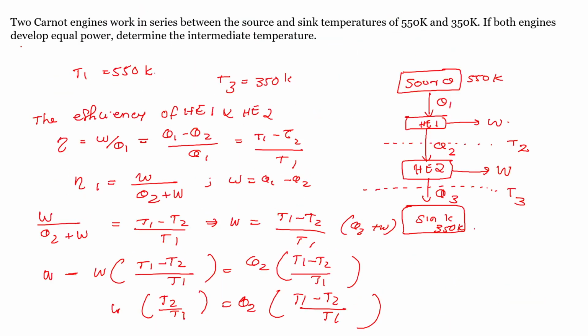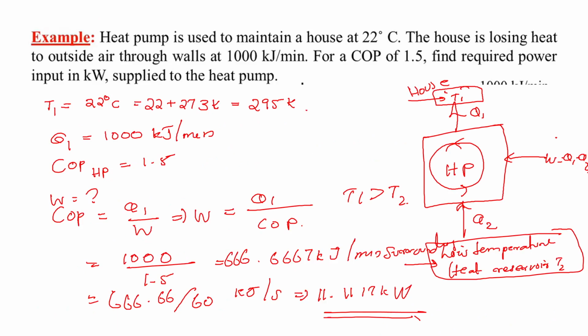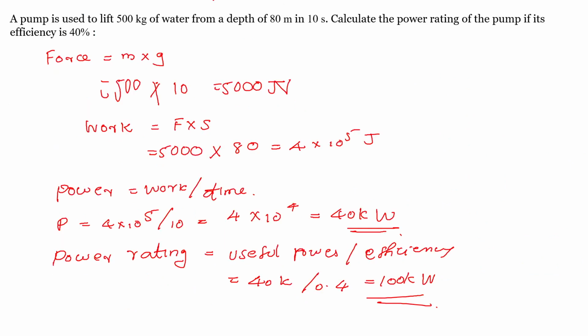So we solved different problems today. The first one was related to the refrigerator, normal questions, coefficient of performance and rate of heat rejection. The second one was a heat pump, where COP is given and you have to calculate the power input, and we solved 3 theory questions which are already given in your assignments from last week's sessions. The next one, we solved a problem calculating power rating.